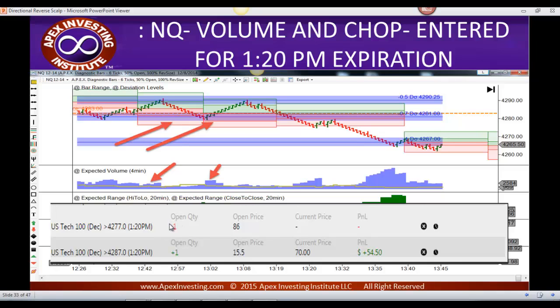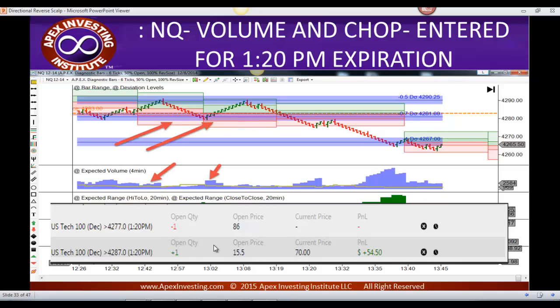I sold the 42.77, which would be right in this area, and I bought the 42.87 right up in here. So this is a 20-minute. This box is a 20-minute time period. So at the beginning here, when it opened up, I bought one up here and I sold one down here.